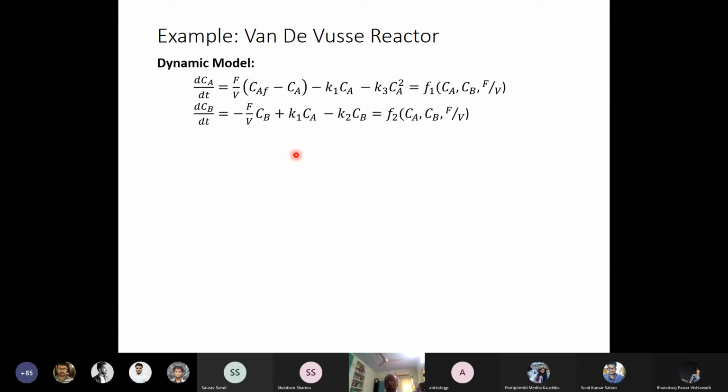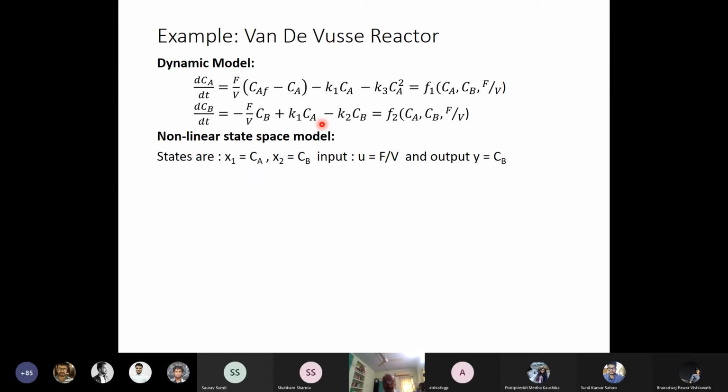In a control affine nonlinear state space model, x dot is equal to f(x) plus g(x) into u. So you first have to separate out the u component. Here u is F/V, so the F/V CAF and F/V CB terms have to be separated out from this equation.